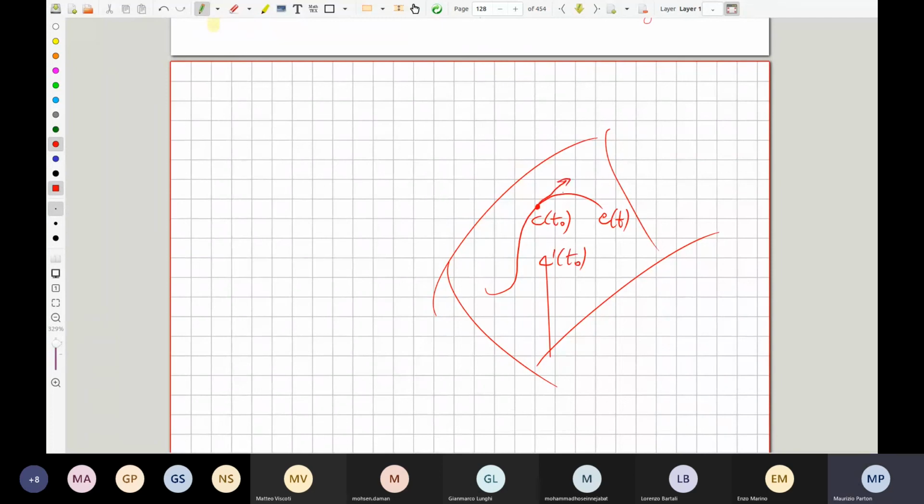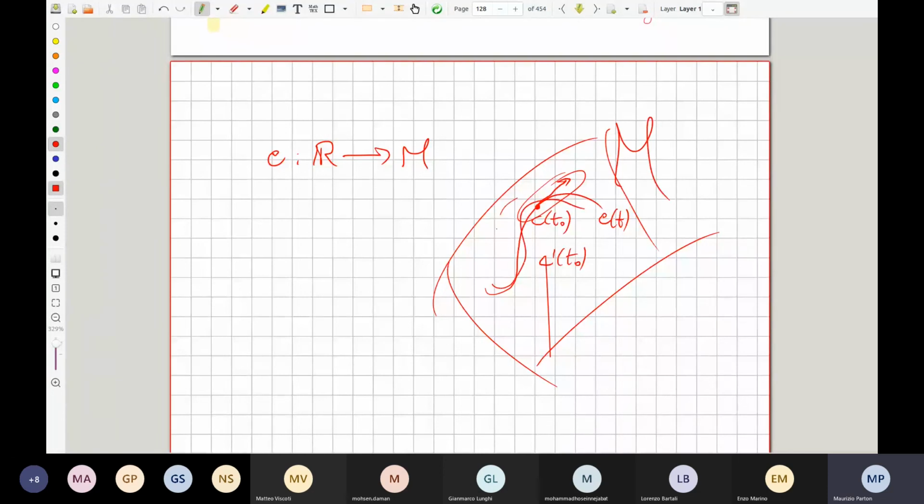You say, but it's not an arrow. Yes, it's a derivation. Now I'm using arrows to give you the idea, but it is the derivation corresponding to that arrow on the manifold, because C is mapping numbers into the manifold, into M. And you see this M is not Rn.